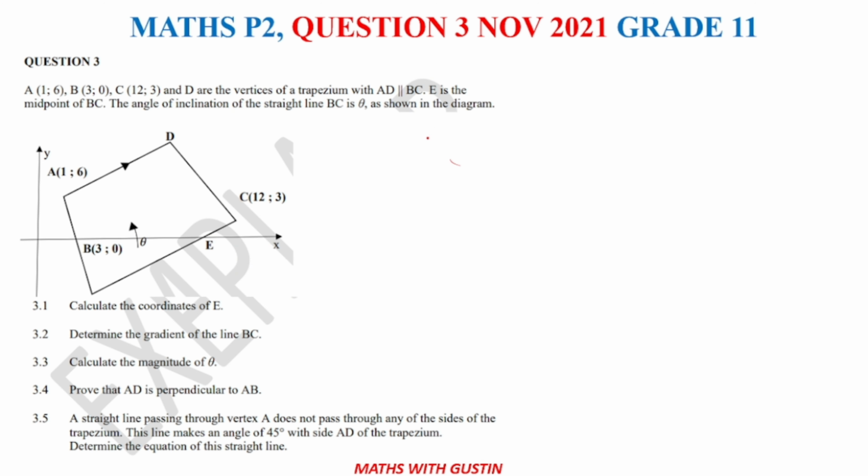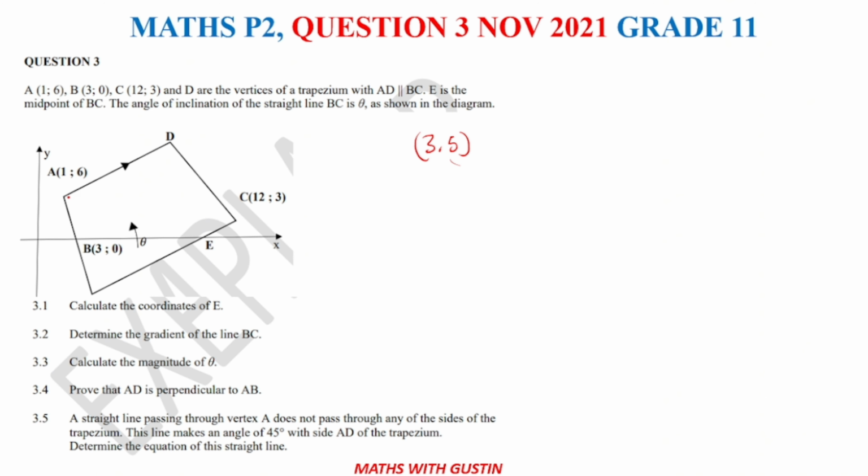Okay, we come here, 3.5 says here, a straight line passing through vertex A does not pass through any of the sides of the trapezium. This line makes a 40-degree angle with the line AD.